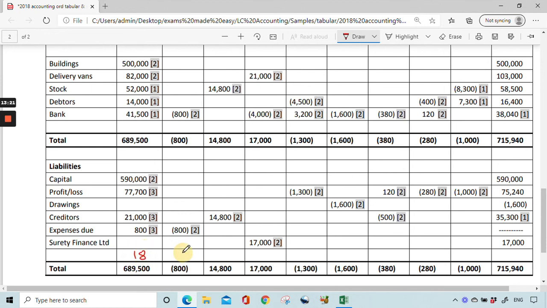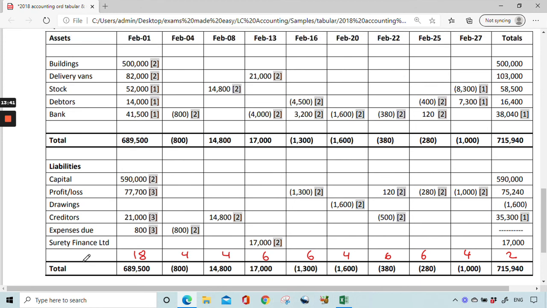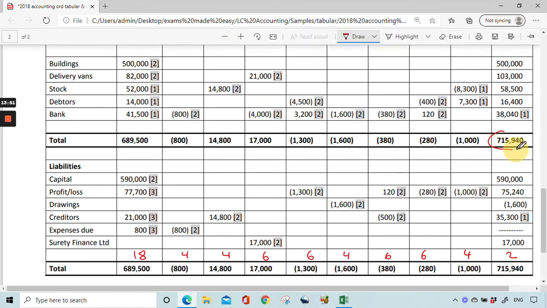Then each transaction, 4 for that one, 4, 6, 6, 4, 6, 6, 4, and then the final column is only actually 2. So there's your marks. You can see big marks for the first bit, and then each transaction gets between 4 and 6 marks. And what you're looking for is your final answer. Assets and liabilities are the same, and that's it.